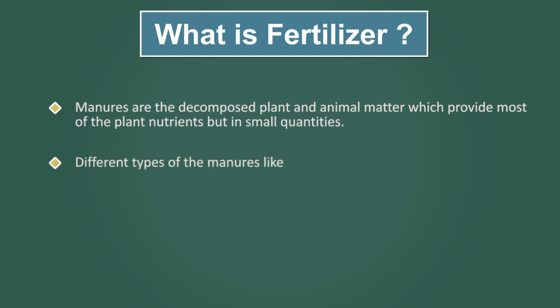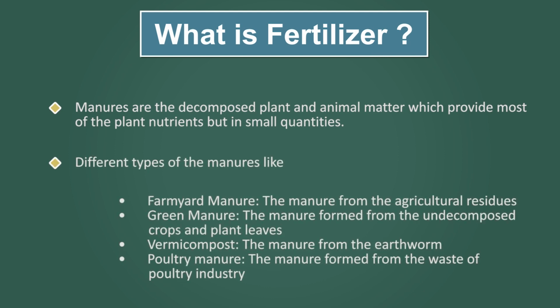Different types of manures are farmyard manure, the manure from the agriculture residues; green manure, the manure from the undecomposed crops and plant leaves; vermicompost, the manure from the earthworm; and poultry manure, the manure from the waste of the poultry industries.